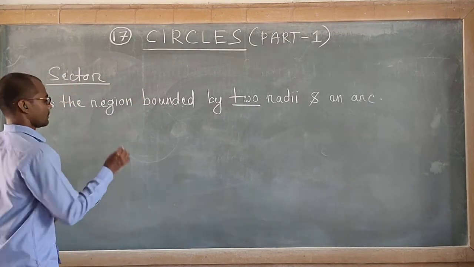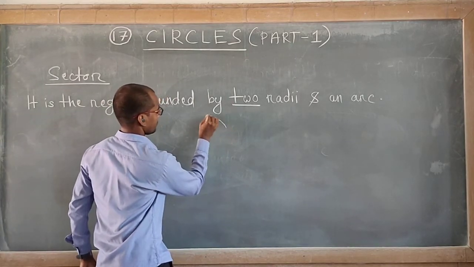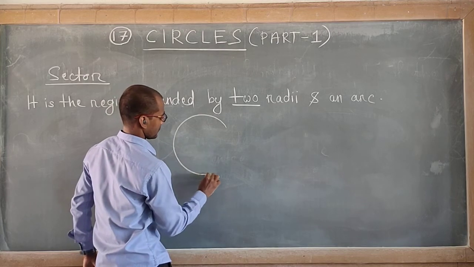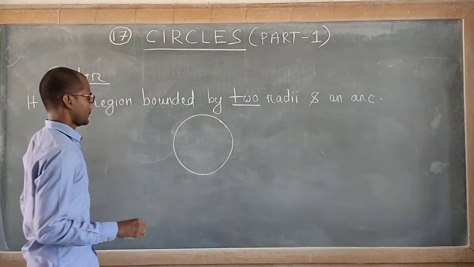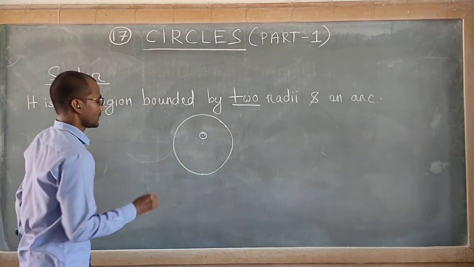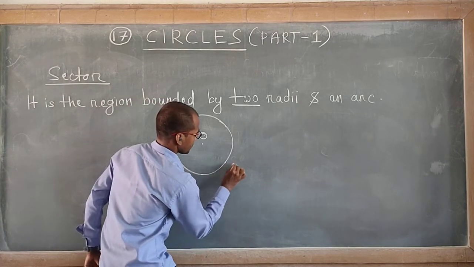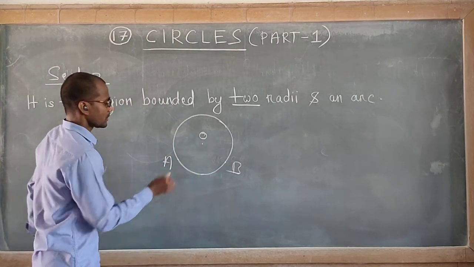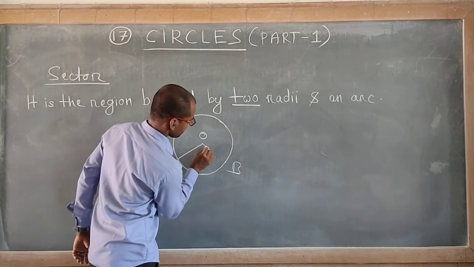Let us draw a diagram. Suppose this is a circle. O is the center. Let us take two points randomly on the circumference, A and B. Join OA, join OB.